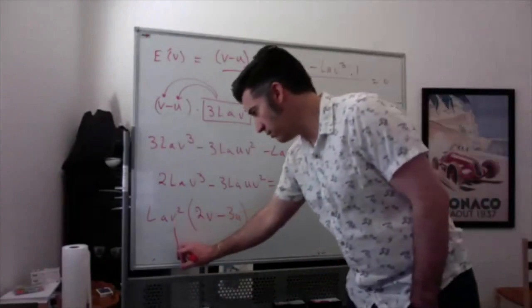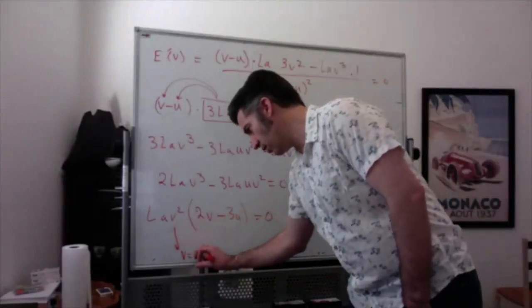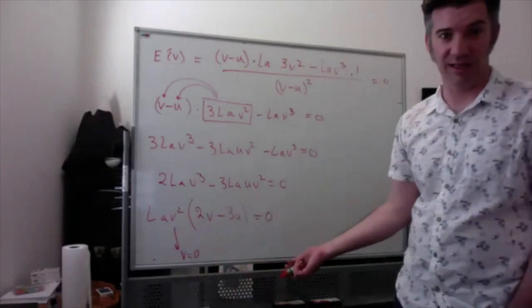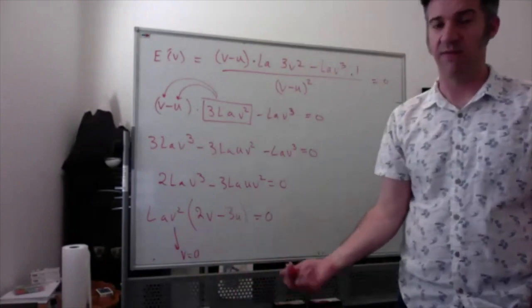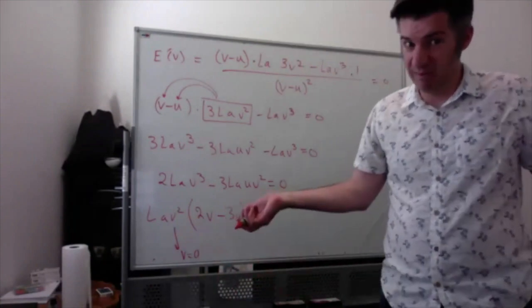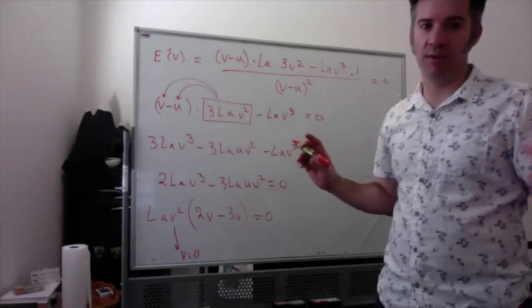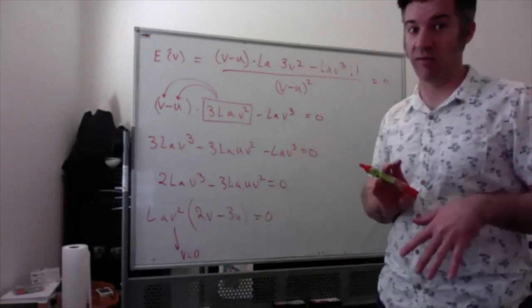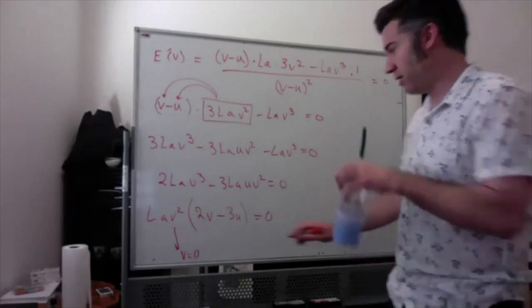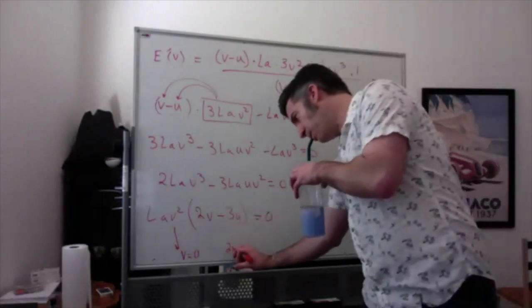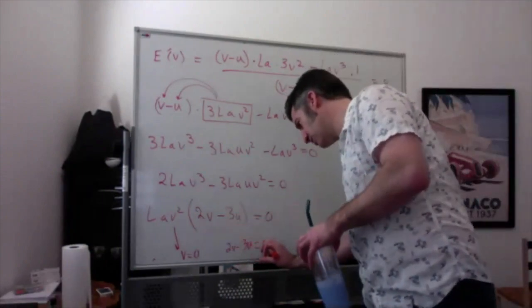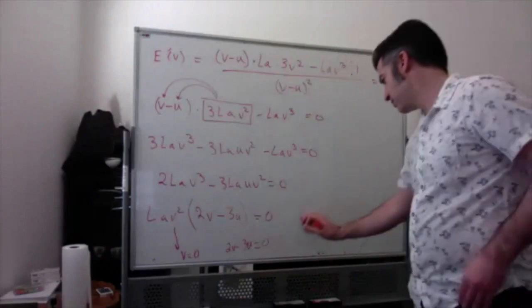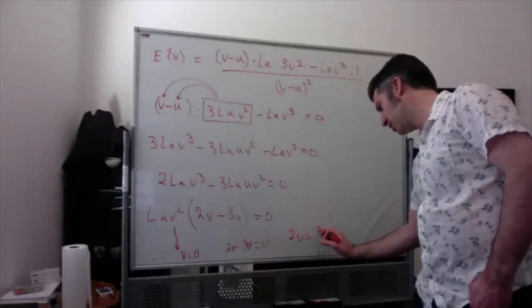So either V could be 0, which again doesn't really make a lot of sense because V is the velocity the fish is swimming at. So often reading the problem gives you some context for what kind of critical values might make sense. And then here, if I set that equal to 0, I get 2V equal to 3U.